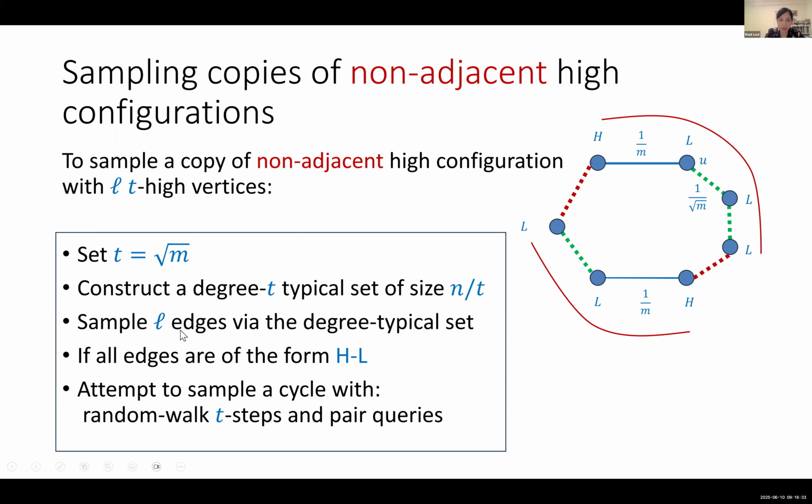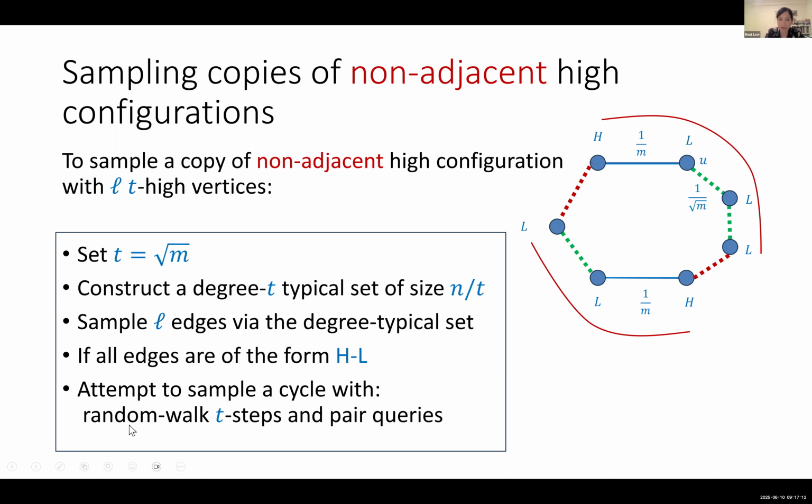Then we sample edges via the degree typical set, and if all the edges are of the form high-low, where high refers to T-high and low refers to T-low, then we attempt to sample a cycle by extending each one of the sampled edges to a path by performing a random walk in which in each step we guess an index between 1 and t.